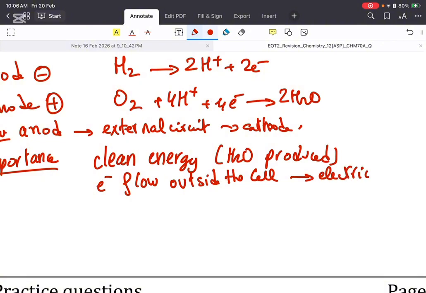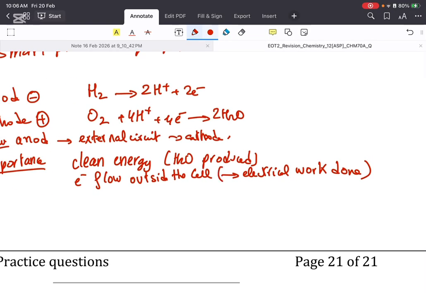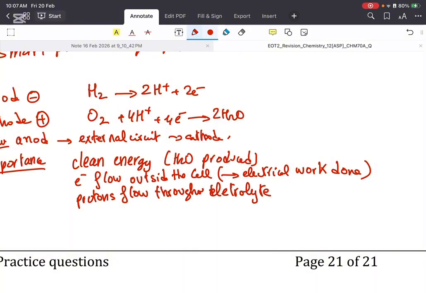This is how electrical work is done. This is how the battery produces electricity. And the protons flow inside through the electrolyte solution, which completes the circuit.